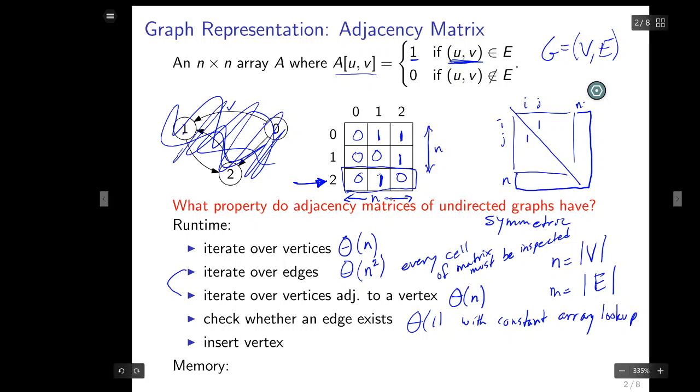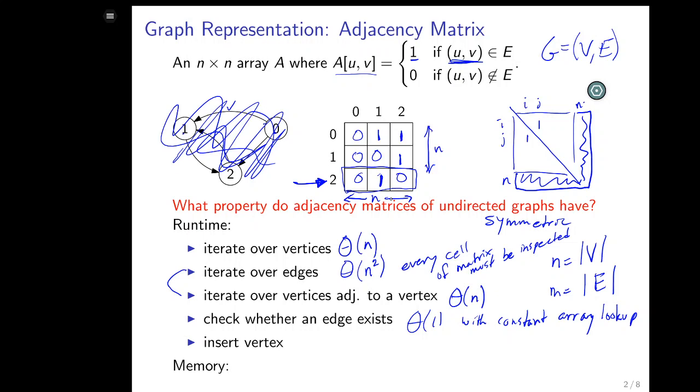How much time does it take to add this to a matrix? Would you put it in n squared because you have to resize the matrix? Excellent.